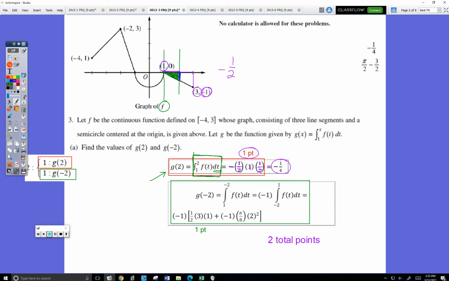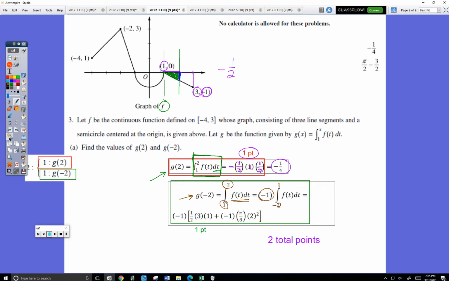Then for the g of negative 2, same idea. I'm going to integrate from 1 to negative 2 of f. But I don't like integrating backwards, so I switch the limits. And I multiply by negative 1. So now I come over here.